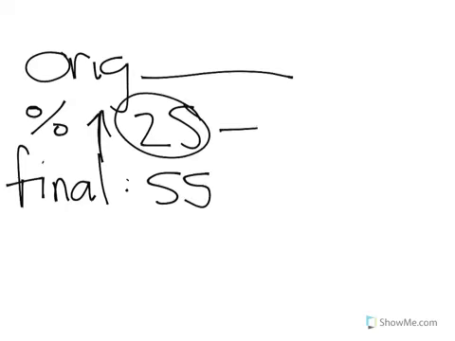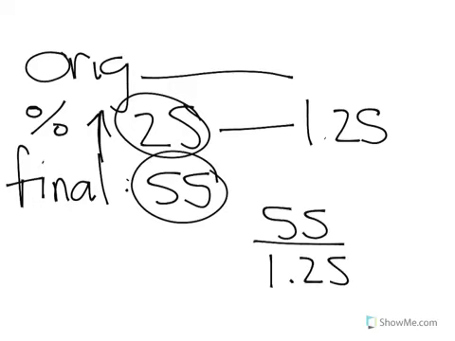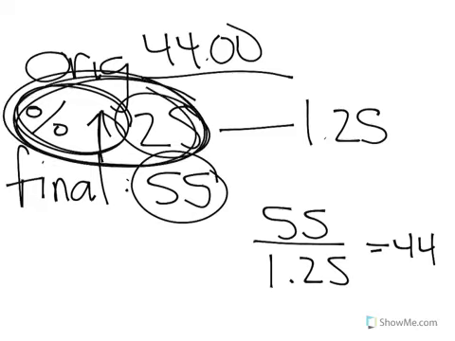So our first job is to rewrite this as 1.25, and then what we're going to do is divide 55 by 1.25. And we only do that with a percent increase. So what is 55 divided by 1.25? It is 44. So it means our original price was $44. Okay? That's how to find it with increase.